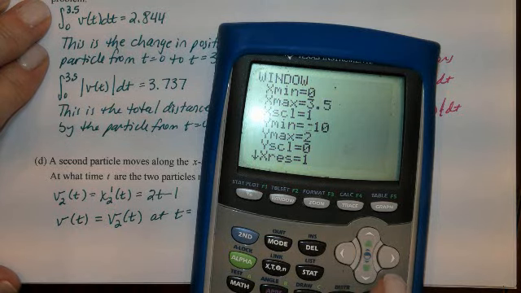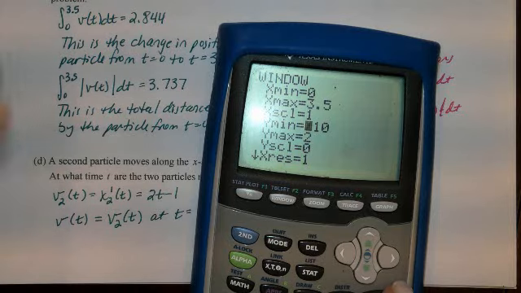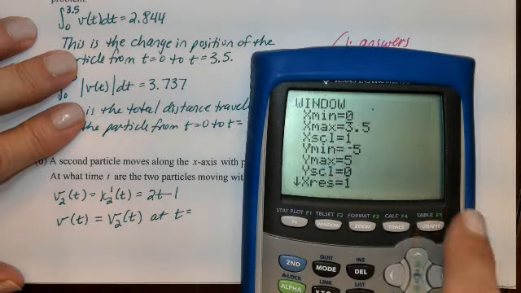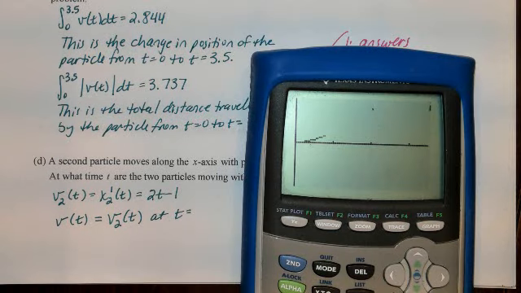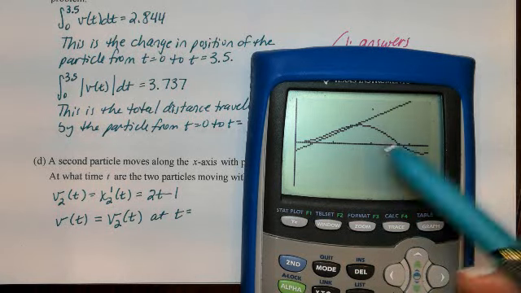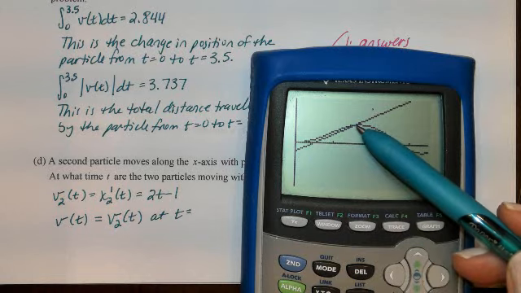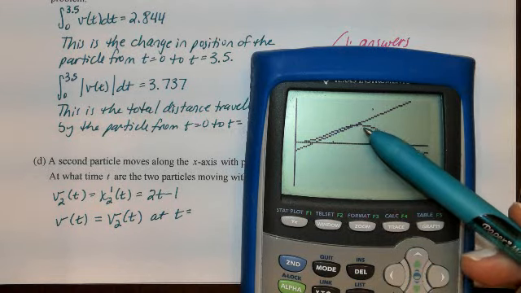I need where they intersect, and I really don't know where they intersect. I think I'll go from -5 to 5 and adjust if I need to. So let's see what that gives us. Not bad so far. Let's see what the other one looks like. Yeah, that's not a bad graph. I see that they intersected exactly at that one point and only that one point.